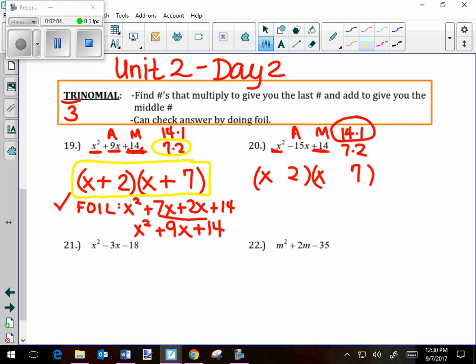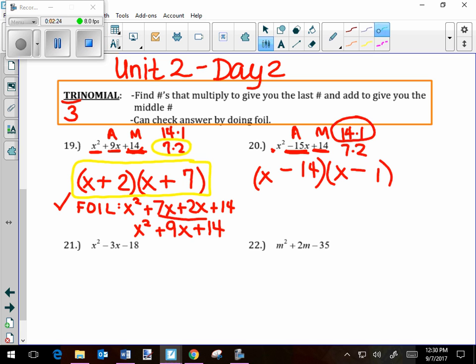I'm sorry, I take that back. I don't need 7 and 2. I need 14 and 1. And in this particular case, out of the 14 and 1, I have to get a negative 15. The only way that's going to happen is if the 14 is negative and the 1 is negative.